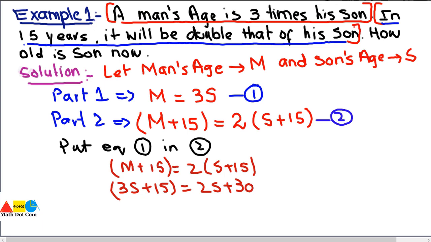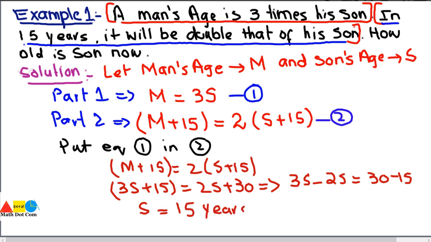I'll multiply it, then we will simplify it further so that like terms are on one side: 3s minus 2s, and then 30 minus 15. I have combined the like terms. So what we get is s is equal to 30 minus 15, which is 15. So the age of the son came out to be 15 years.